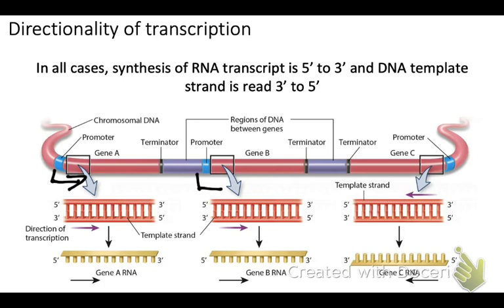Here we've got promoter and gene B, so the transcription goes again in the same direction. For gene C, the promoter is here, and then the gene sequence is here, and so transcription is going to go from right to left in the opposite direction. But in all cases, we read the template strand in the same way, and the mRNA is made 5' to 3'.